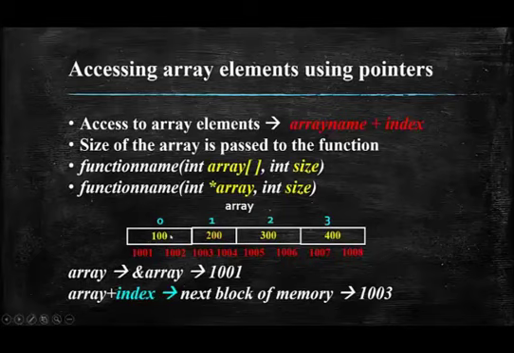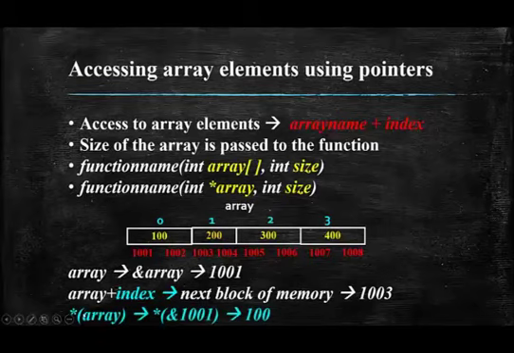Now if I want to retrieve the value that is present in this corresponding address, that is 1001, then we have to apply the star operator on the address of the array. The array name is holding the address of the first element that is present inside the array, and when I apply the unary operator on top of it, we are doing the dereference concept.